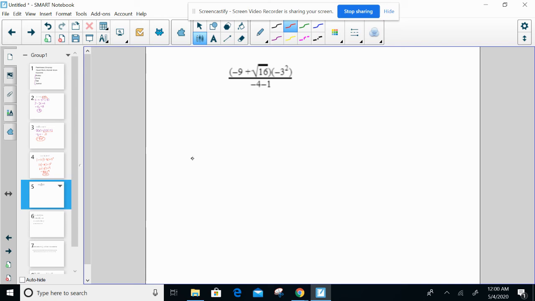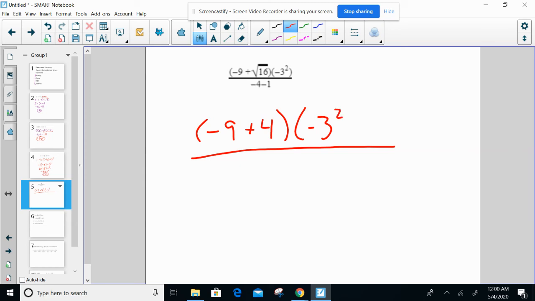So on the top, -9 plus, well, the square root of 16. So there's a grouping symbol. So do that first. So the square root of 16 is 4. Everything else is going to stay the same. All right, now let's take care of the parentheses. -9 plus 4 is going to be -5.